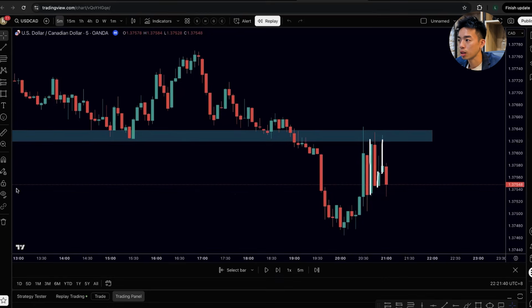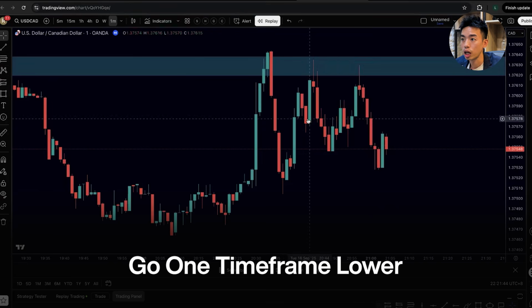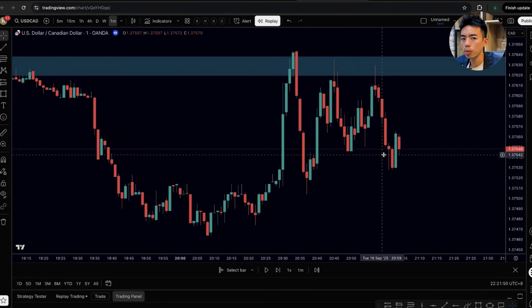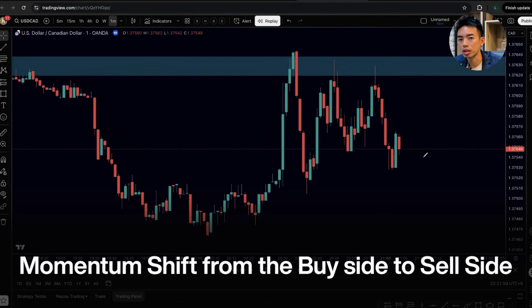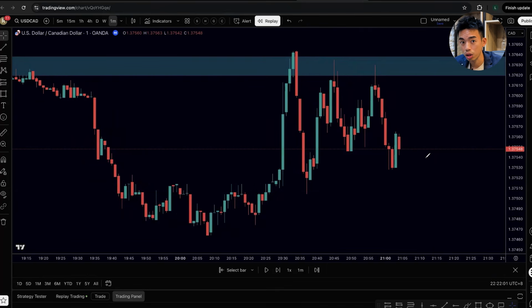Once I see that, what I'm gonna do is I'm gonna go down to 1 time frame lower and I'm gonna look for my entry. What I'm looking at here is the detail from the buyers and the sellers. Okay, my goal here is to make sure that the momentum shifts from the buy side to the sell side after reacting off the support and resistance area. So this is the S&R that we were looking at on the higher time frame, right?